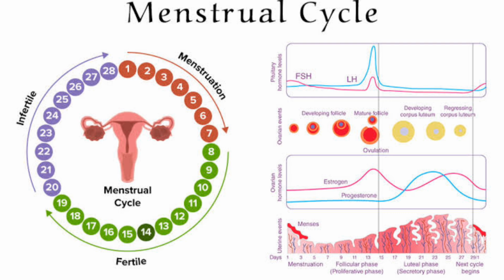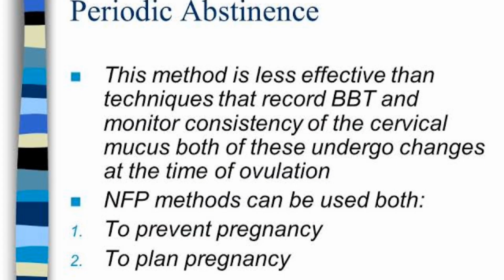The chances of fertilization are very high during this period as ovulation is expected. This method also has a high failure rate because some people have irregular menstrual cycles. In those with irregular cycles, we cannot predict the ovulation date.